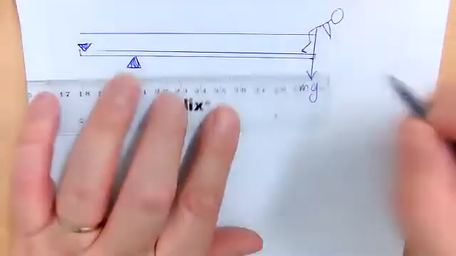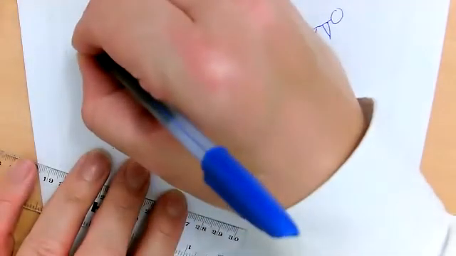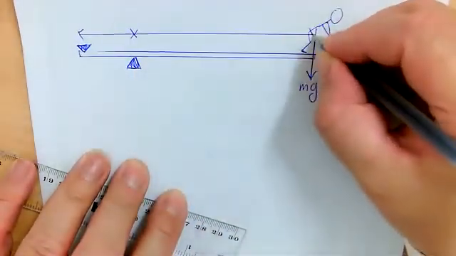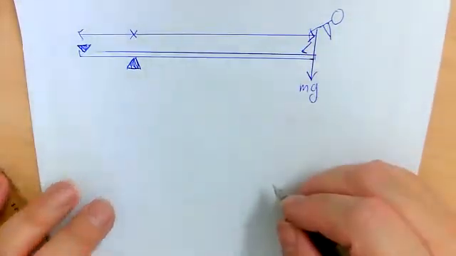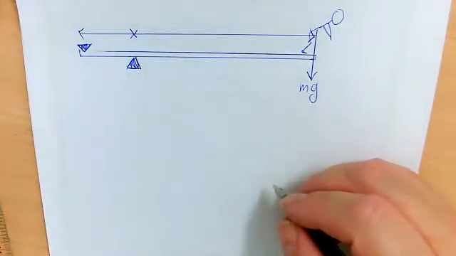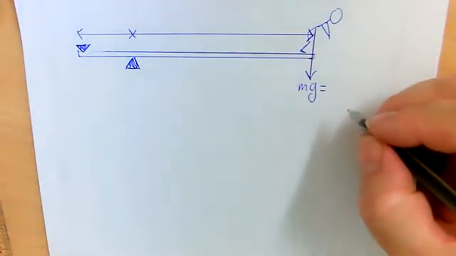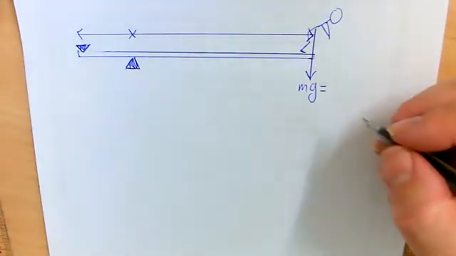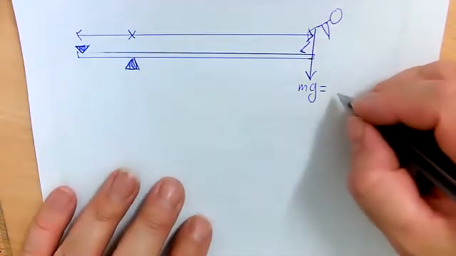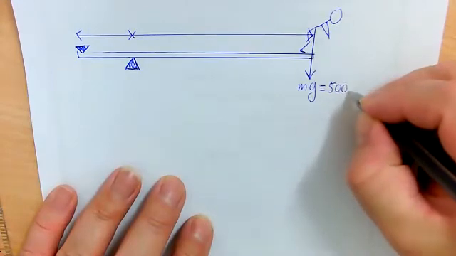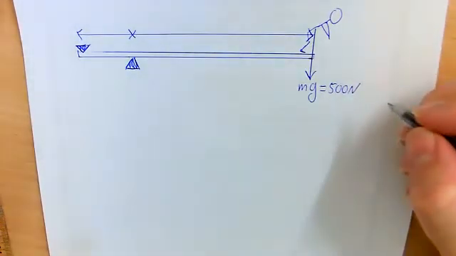So I'm going to take a few values just because it's quite handy to understand what these distances and values are. The mass of a diver, if they're a young person, they may be 50 kilograms, times g would be about 500 newtons. I'm going to ignore the weight of the diving board for this because I think it's going to add complication.